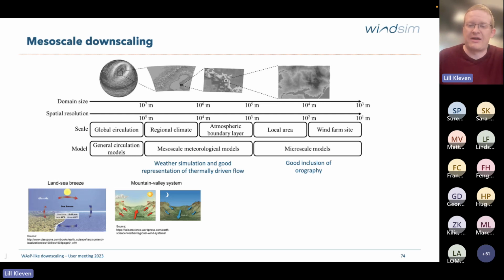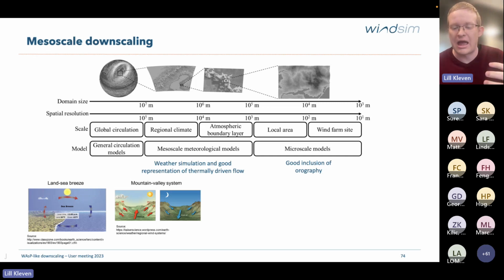But then we also have microscale models like WindSim that have high-resolution topography and roughness data, but lack some features of the physics that are included in those mesoscale models.